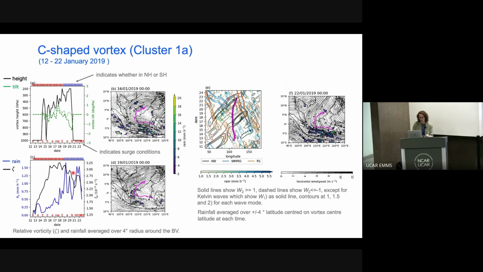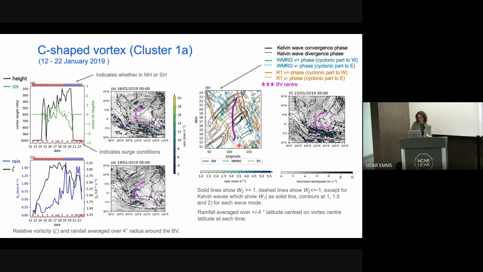And if we now want to look at this Hofmöller plot that is shown here, the time is going up, and shown in this Hofmöller plot is in shading the rainfall, and we have in stars, or in the magenta stars, the position of the Borneo vortex. And the different lines are corresponding to the different equatorial waves. So at the beginning, the vortex was not interacting really with the wave, but then it interacted with the positive phase, the convergent phase of the Kelvin wave, and we get a slight increase in precipitation.